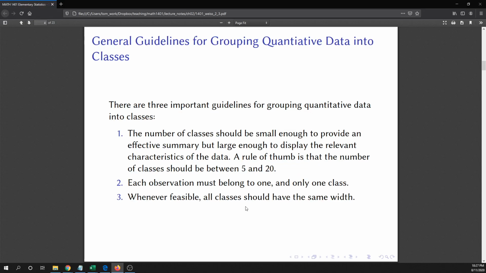Now there are some general guidelines for grouping quantitative data into these classes, and there are three important guidelines. The number of classes should be small enough to provide an effective summary, but large enough to display the relevant characteristics of the data. A rule of thumb is that the number of classes should be between 5 and 20.